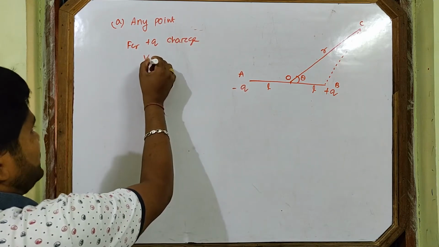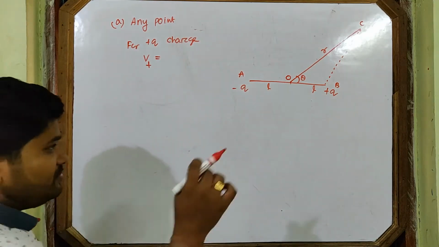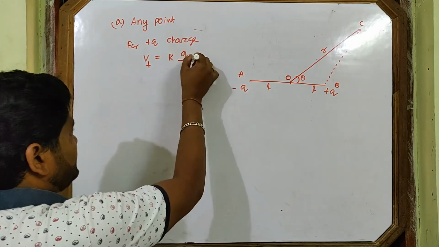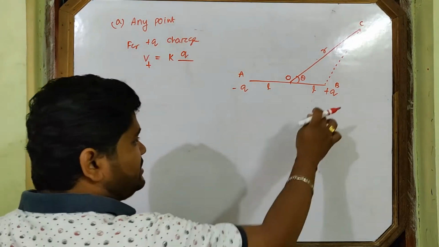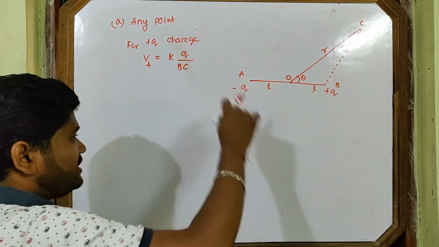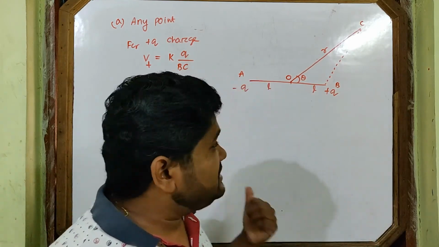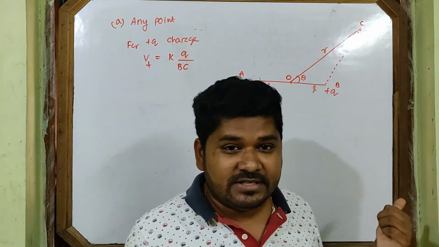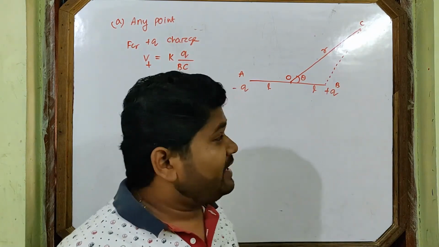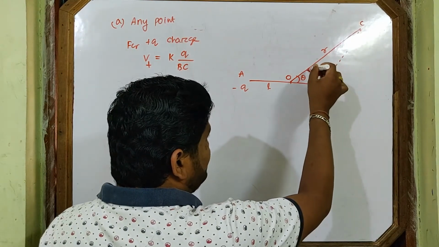V plus, or you write V1, for plus Q charge. KQ, point charge formula, KQ by BC. Now I will solve. I don't know BC. Can BC be expressed in terms of R and L? Yes, we can do it. How to do? Let's draw one perpendicular from here.